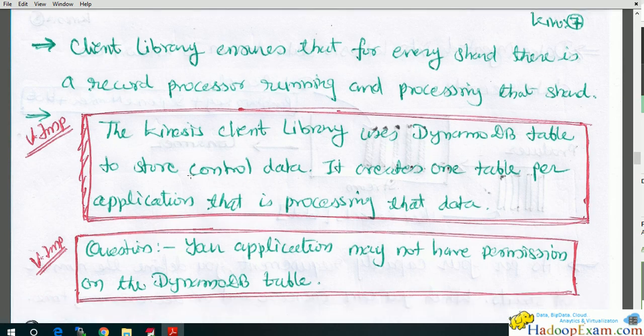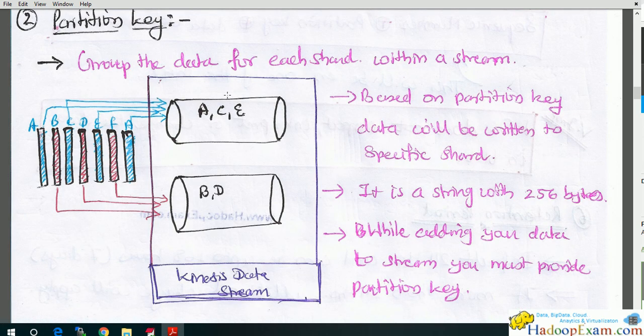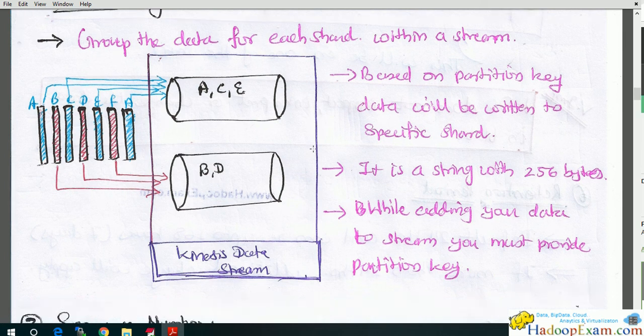Now another important point for the certification perspective: the Kinesis client library uses a DynamoDB table to store control data. Control data means, when I store the data into the streaming, my data is stored in this shard, and how much data I have read, how much data has been processed by the KCL, all these details are stored in the DynamoDB table, correct.